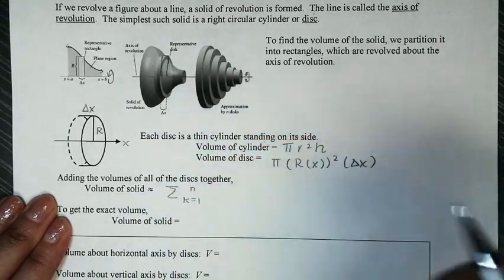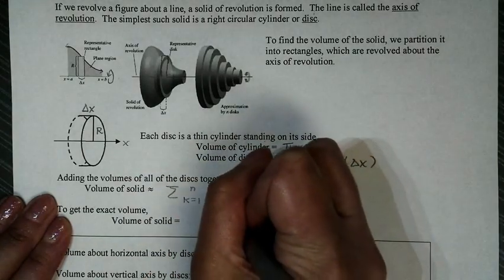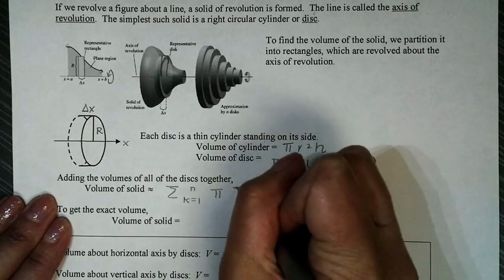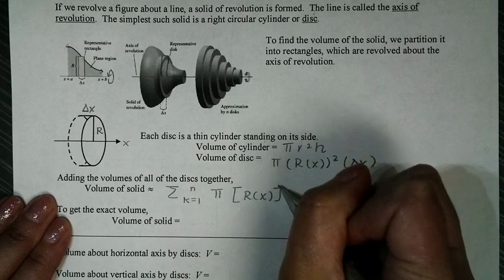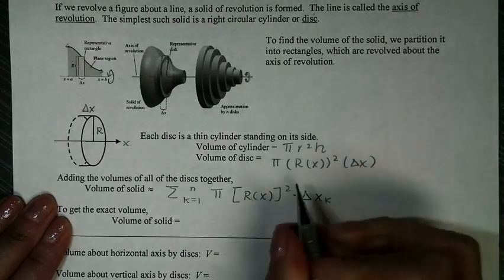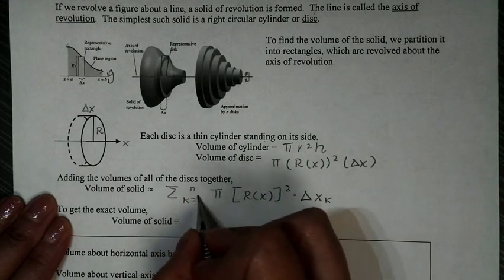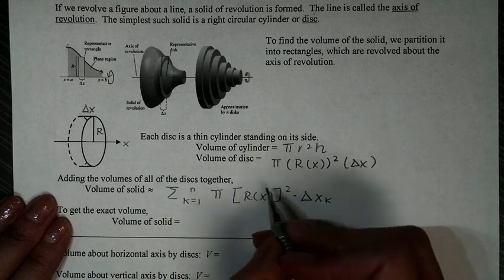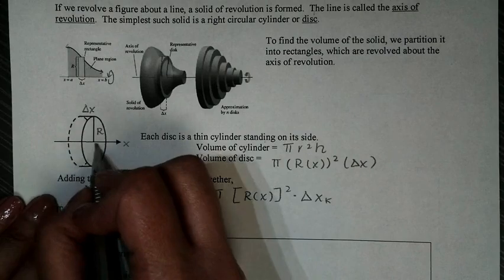You can let n tend to infinity. So it's going to be pi times r of x squared times each delta x, indexed with k, and you have as many as n. This indicates that you are adding infinitely many, or n in this case, cylinders.